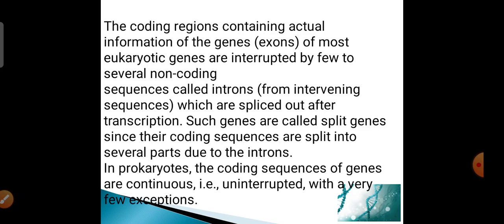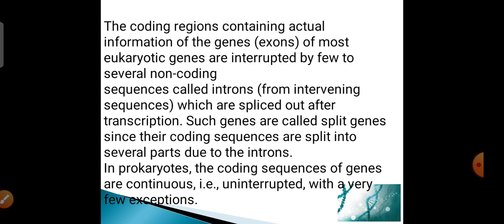These non-coding regions are called introns or intervening sequences, and the coding regions which actually contain the information for the synthesis of a polypeptide or a protein are called exons. The introns, the non-coding regions present in between the exons, are spliced out after transcription.